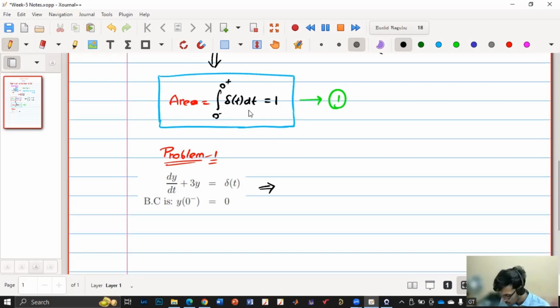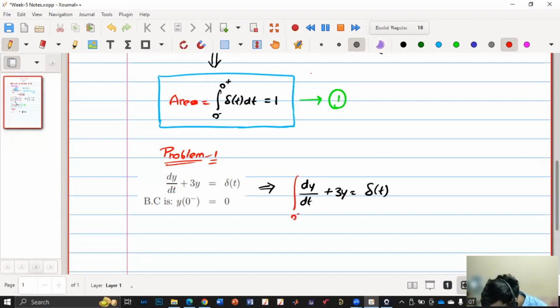So what I'll do is, I'll consider this given equation dy by dt plus 3y is equal to delta of t. Then I'll apply integration from 0 minus to 0 plus, multiplying by dt on LHS as well as RHS.